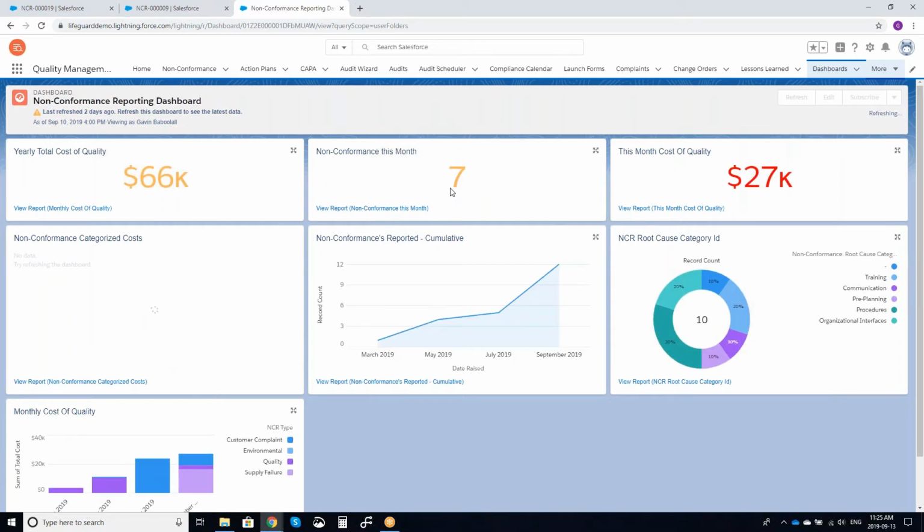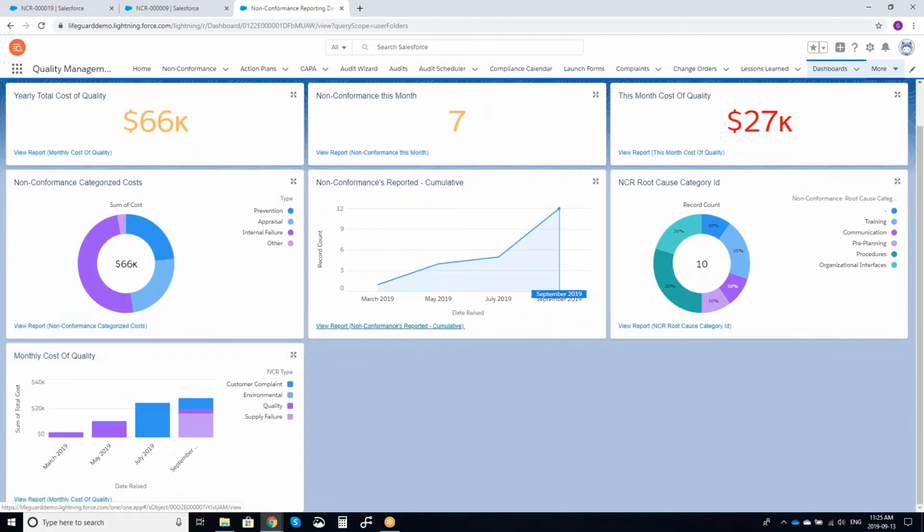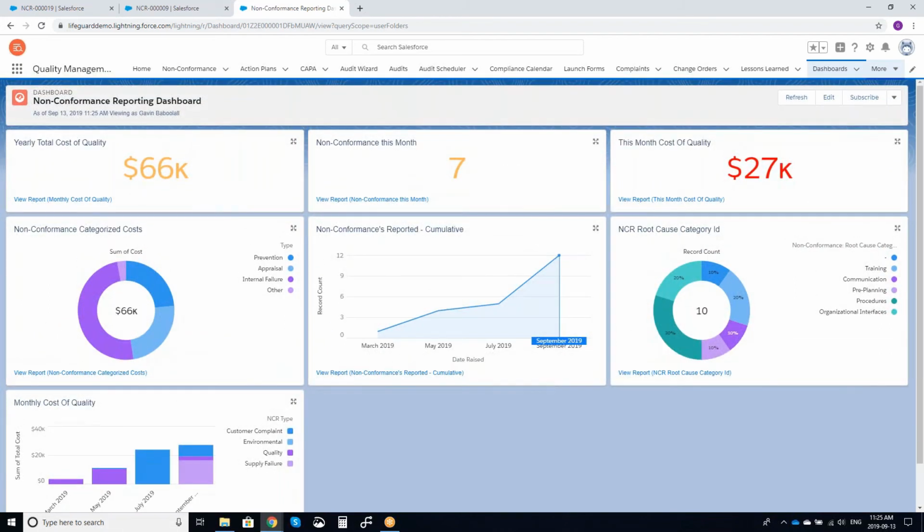Oh, it looks like we've had a couple more at this point. So we're now at a 7, but I can see how all of my individual categorization breaks down in the system, really understanding where my costs are coming from. Is it a specific supplier? Is it a specific product? Being able to identify that level of information quickly and easily out of the box with our solution.